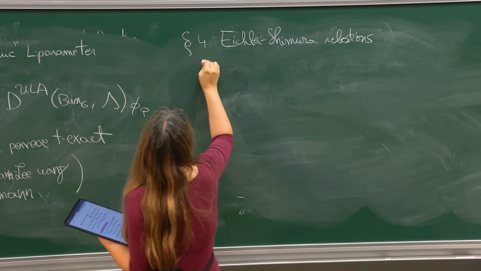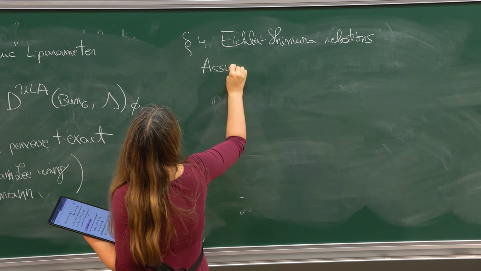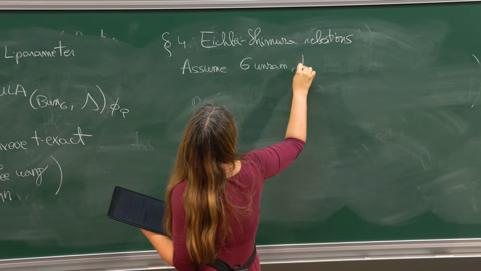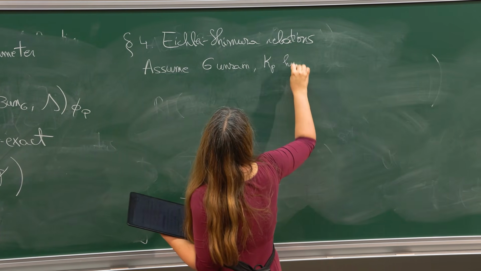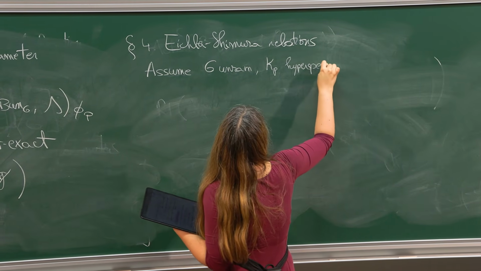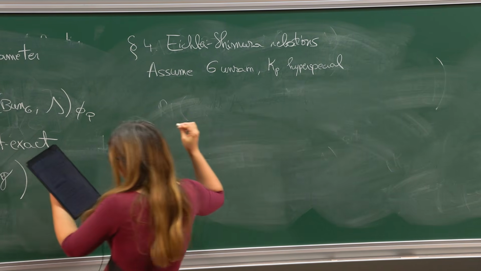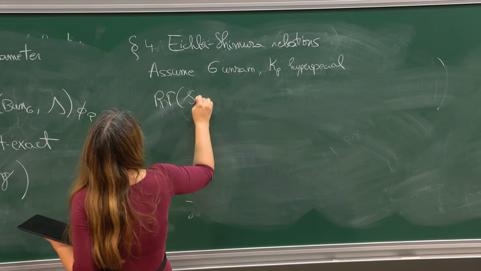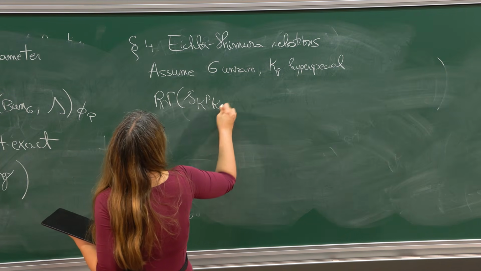So I'm assuming that G is unramified and that K_p is hyperspecial. Just to state roughly what you're supposed to prove. You look at the cohomology of the Shimura variety with finite level at p.